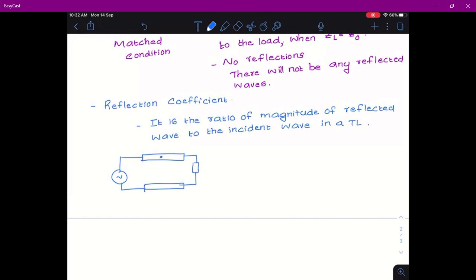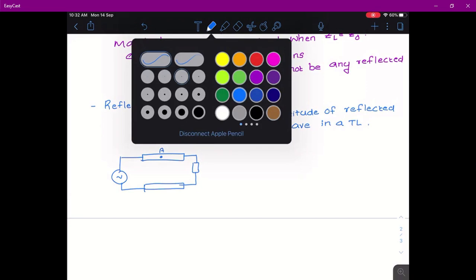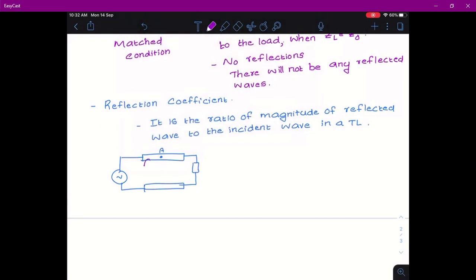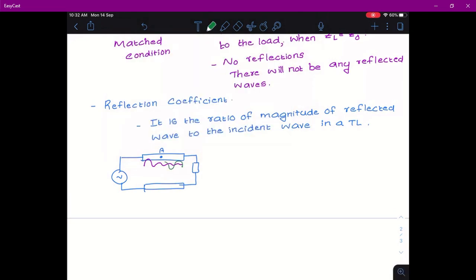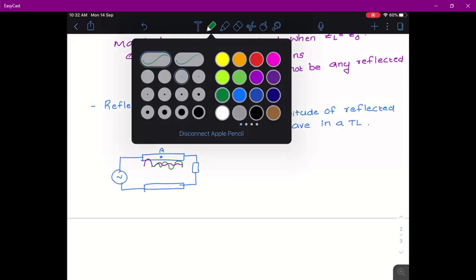So, if you take a point A, that point A will have a wave travelling in the forward direction. That point A will also have a wave which is coming in the backward direction. Now, if you take the ratio of the magnitudes of the reverse travelling wave and the forward travelling wave, that is called the reflection coefficient.